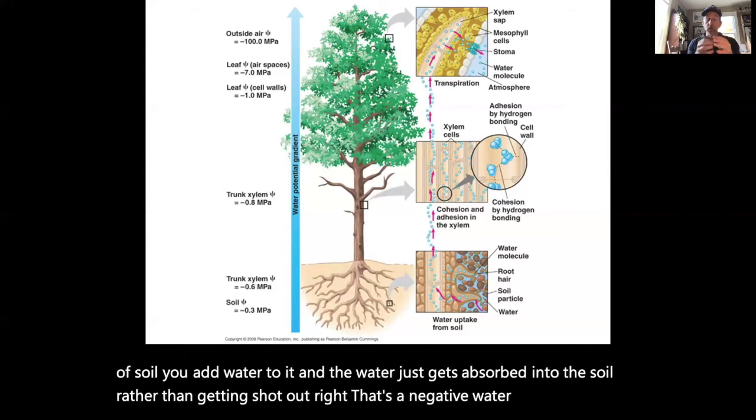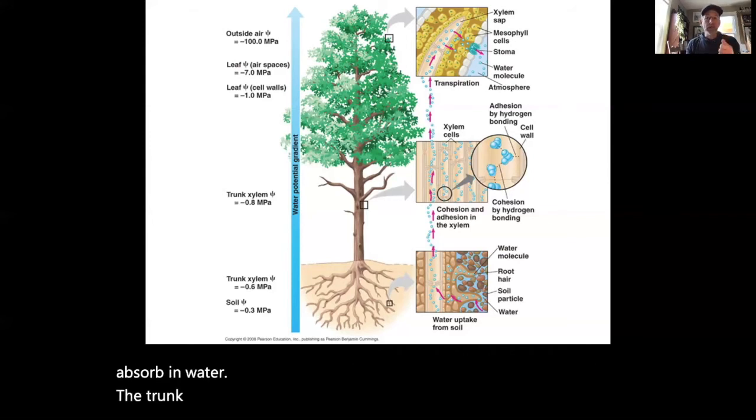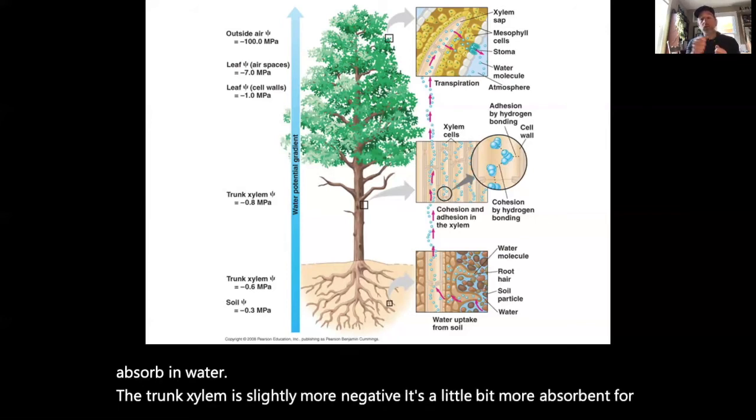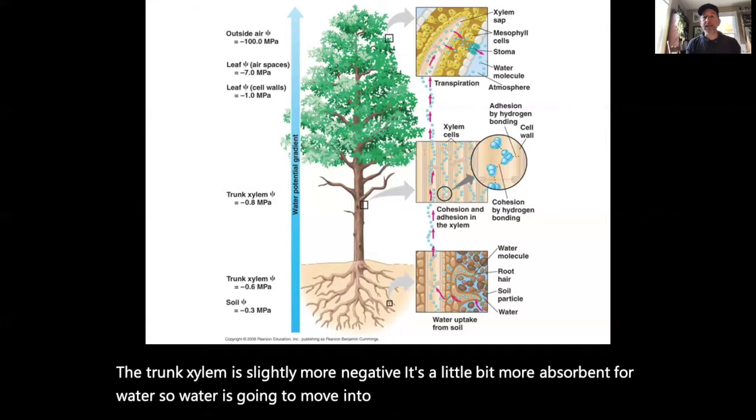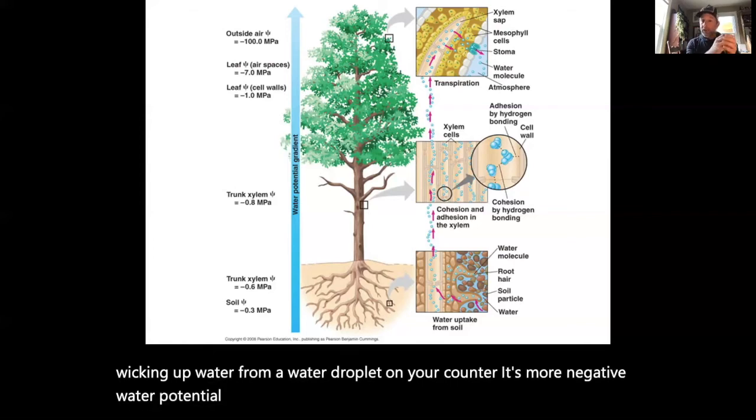It's absorbing water. The trunk xylem is slightly more negative. It's a little bit more absorbent for water. So water is going to move into the trunk. This is just like a napkin wicking up water from a water droplet on your counter. It's more negative water potential, more absorbent in the napkin, and so water flows in that direction.